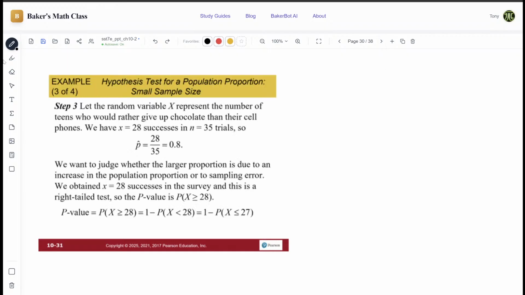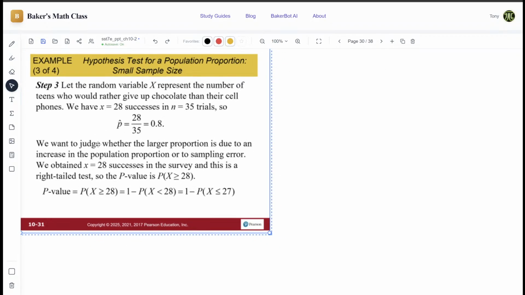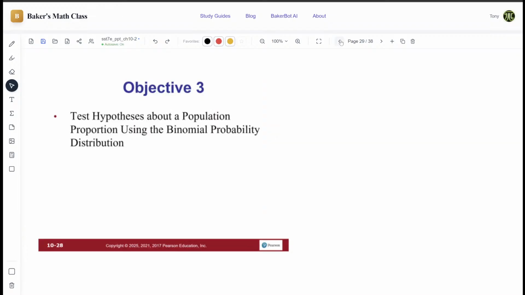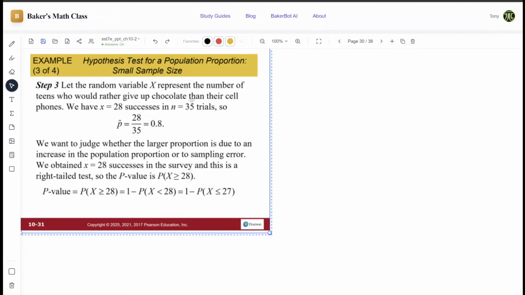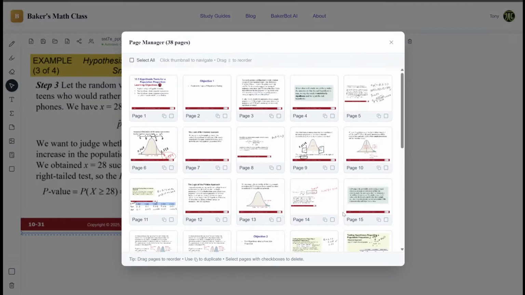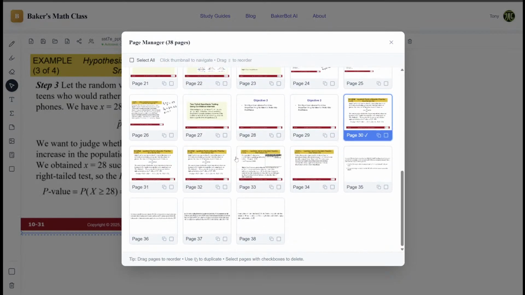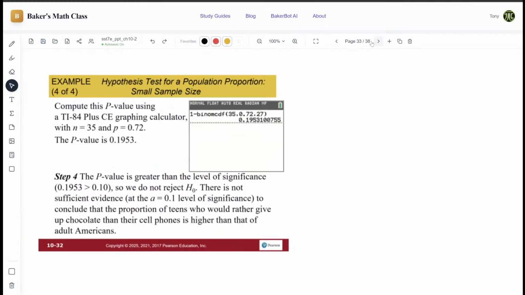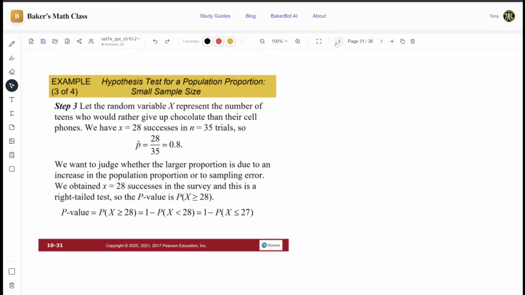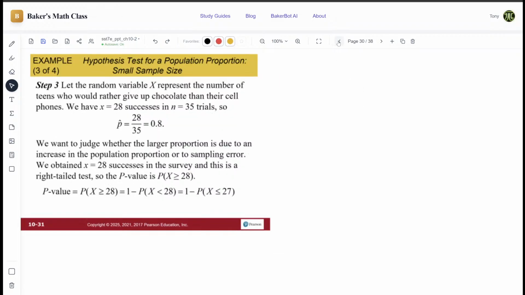One of the big pieces that we looked at originally... hold on, it didn't put the right slide there.